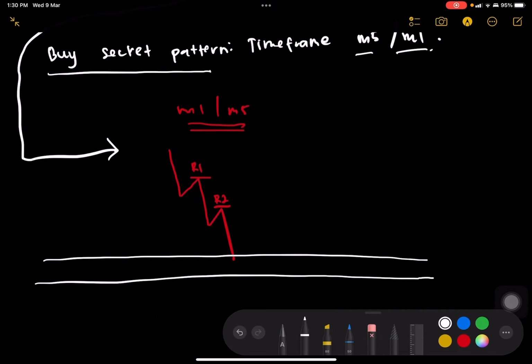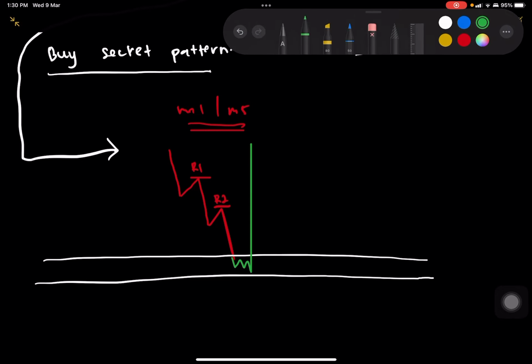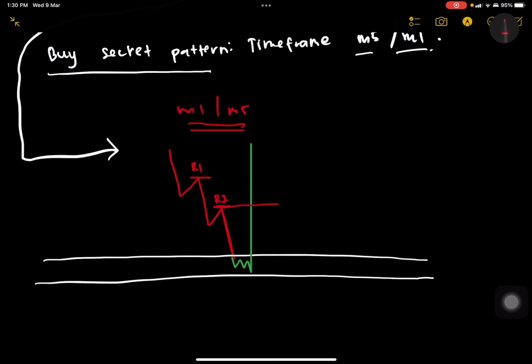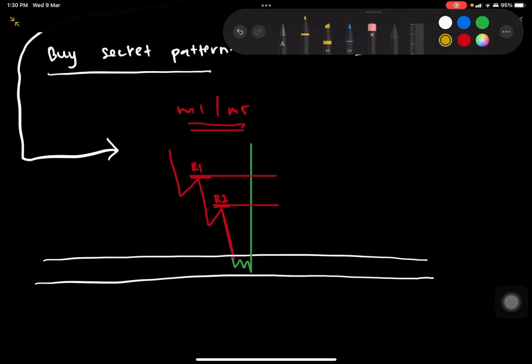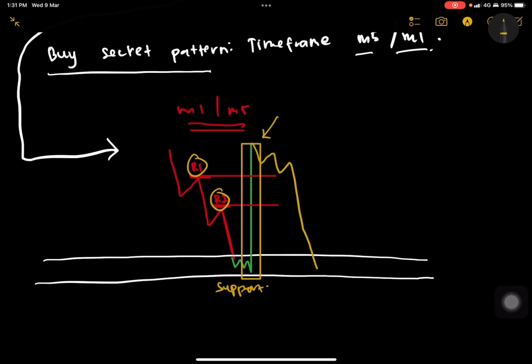You need to wait for one price that suddenly jumps up and breaks R1 and R2. Listen carefully guys, when you see this kind of candle that broke resistance 1 and resistance 2 here at our support zone, just wait for pullback and buy here.